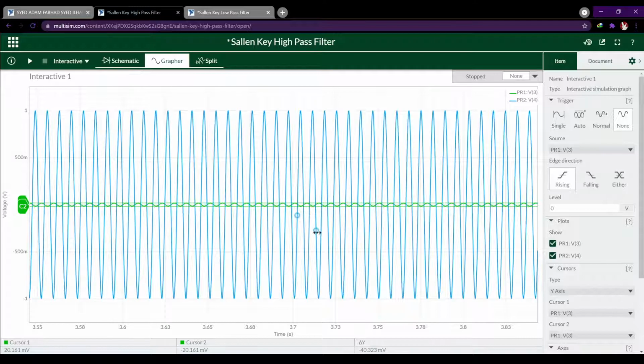So it is inverted compared with the low pass filter. For the low pass filter, when the frequency is lower than the cutoff frequency, the voltage out is similar to the voltage in, and we get a stable voltage gain. For the high pass filter, if the frequency is lower than the cutoff, the output will become small, so the voltage gain is less than 1.